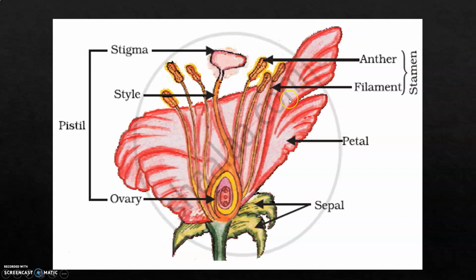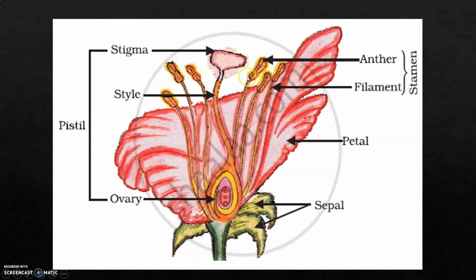Now look at the structure of the flower carefully. The green colored leaves that you can see at the base of the flower are called sepals. The colored whorl is called the petals. The female reproductive part located in the center of the flower is called the pistil or the carpel. Pistil consists of three parts.